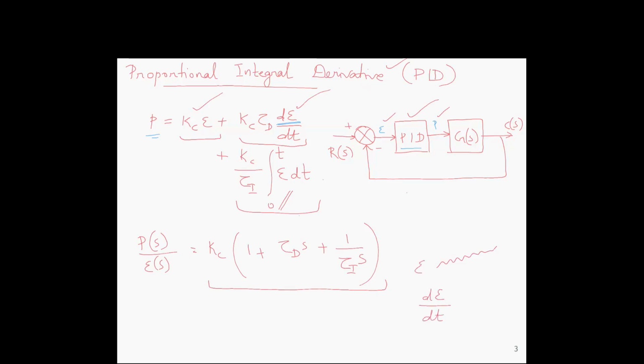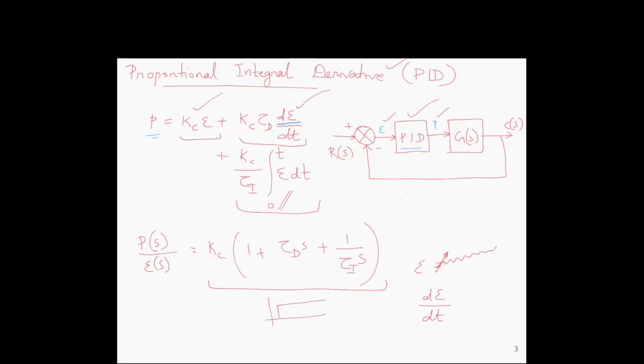If the error is some noisy signal like this, then the derivative action is based on how rapidly the error is changing, how fast the error is changing, not the magnitude of the error. So it doesn't care about the magnitude of the error, it cares about the rate of change of error. It also doesn't care how long the error is persisting.